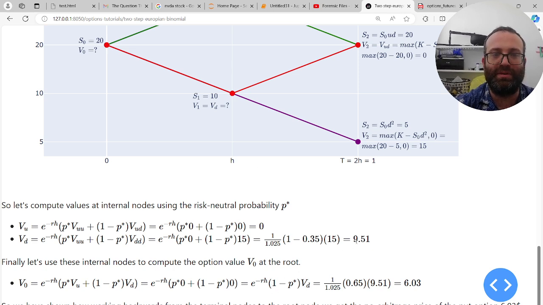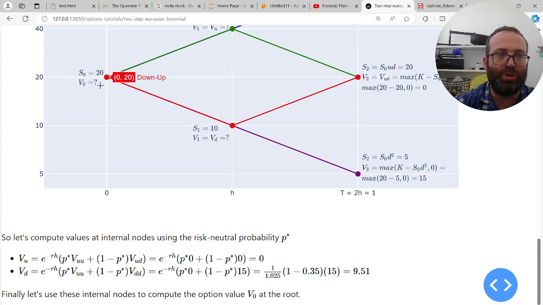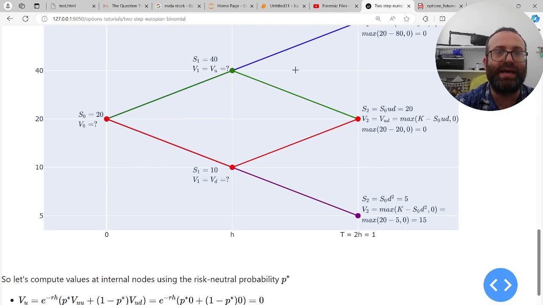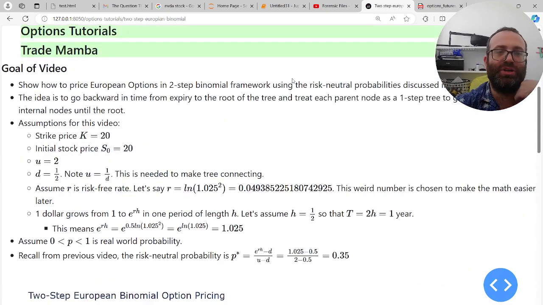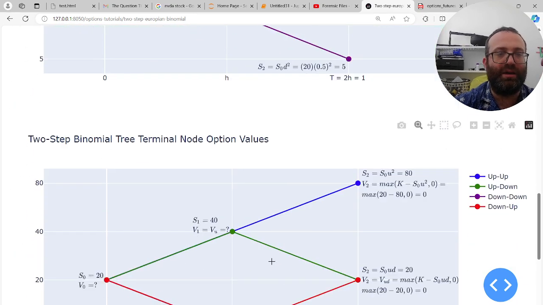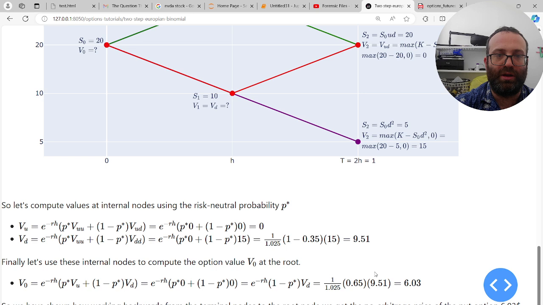And VD we previously calculated as 9.51, so it's 1 over 1.025 times 0.65 times 9.51 equals 6.03. So the no arbitrage price of the option is $6.03. We went backwards in time and did a discounted expectation under the risk-neutral measure. In the previous video, I showed you with the replicating portfolio that you can derive the risk-neutral probability: P star is e to the rh minus d over u minus d. So you get the value as $6.03.